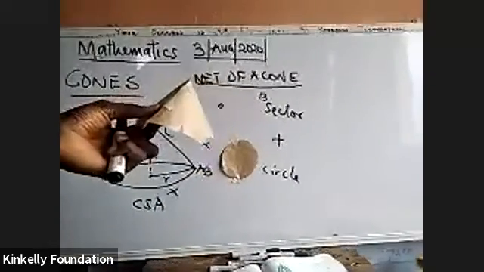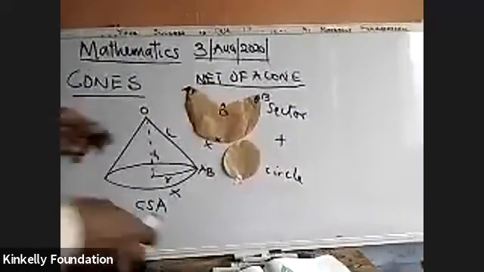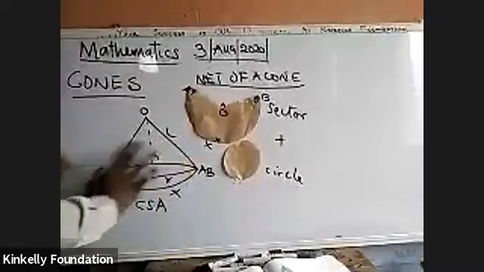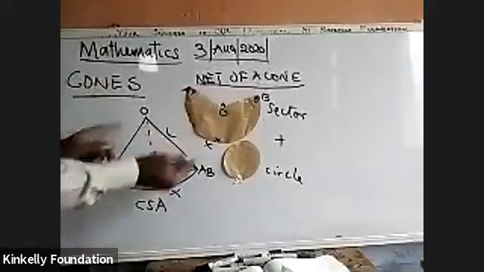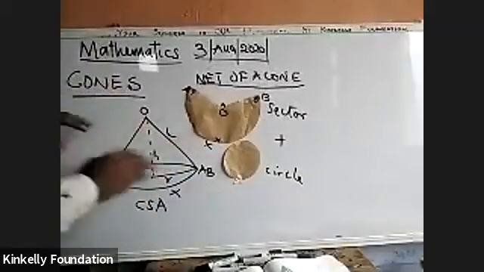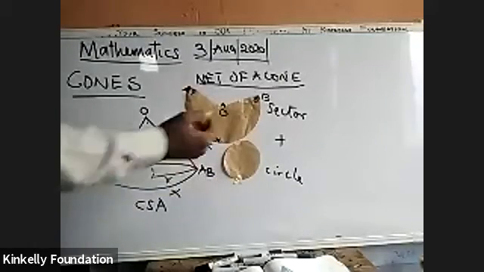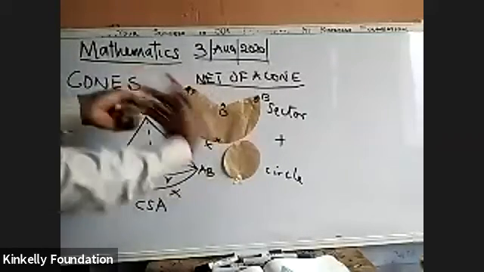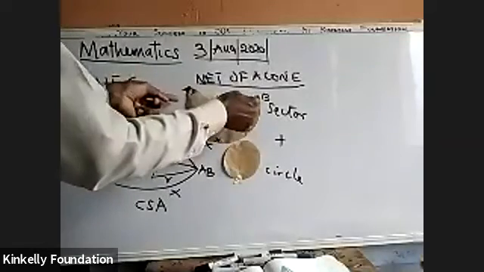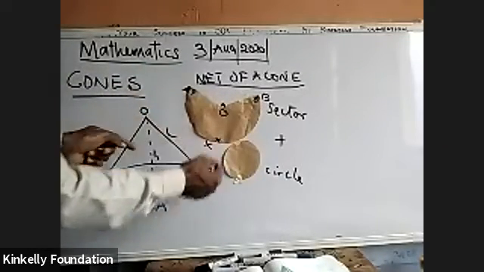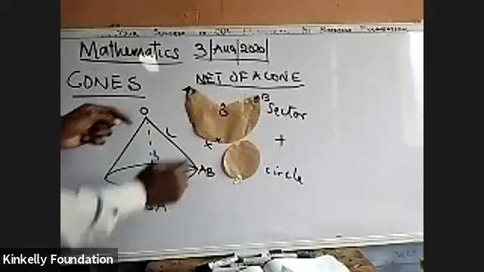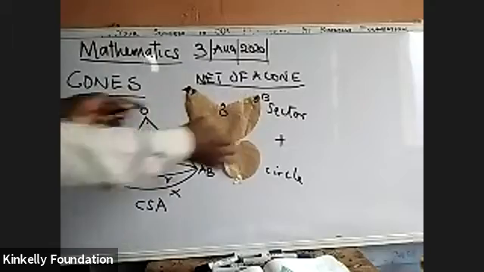Do you understand? If we bring this out to form the curved surface, remember I told you that the curved surface is this part on top, not the circle below. So if we want to form the curved surface from here, A will meet B, and X will form the circular base, where O will be the apex.